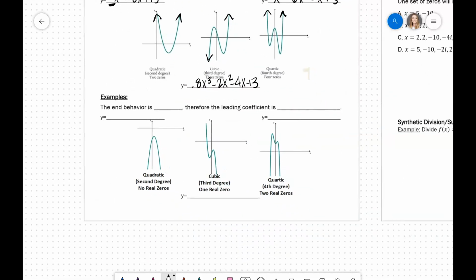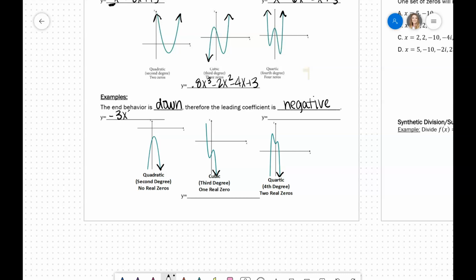So with all of these, you can see that our end behavior is going down, and so it is decreasing. So that means that our leading coefficient is negative. So an example, this is a quadratic. We know that by its shape, looks like a parabola.